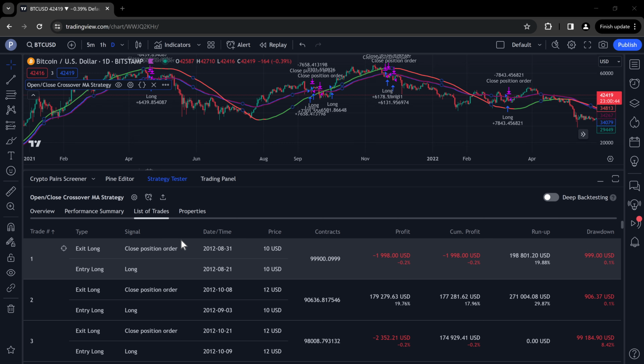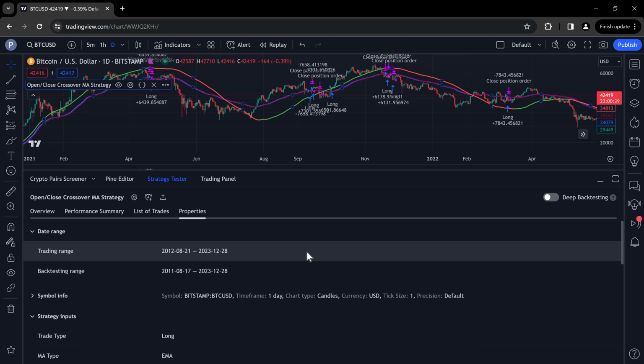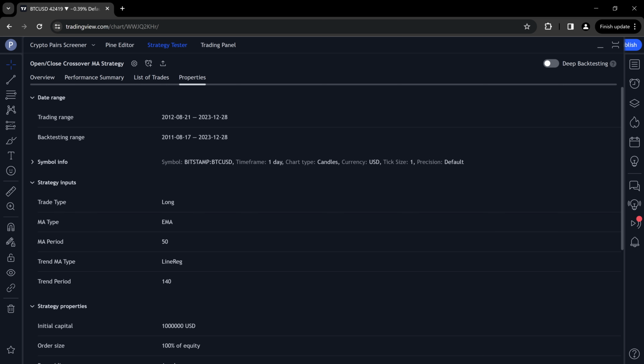And let's review finally the last section of Strategy Tester, which is the Properties tab. The Properties tab furnishes in-depth details regarding a strategy's setup and the dataset it operates on. It contains, first, the strategy's date range, this section. Second, the symbol information.